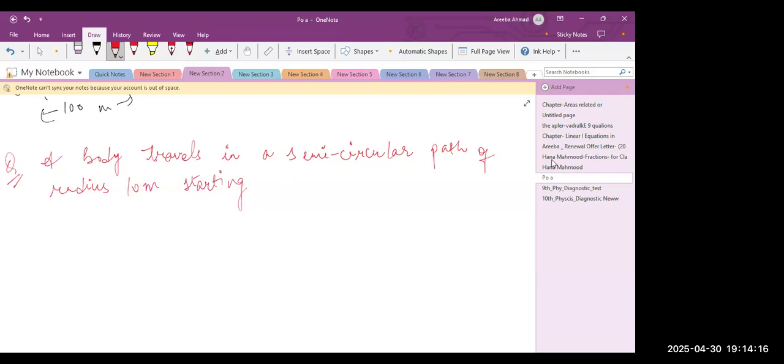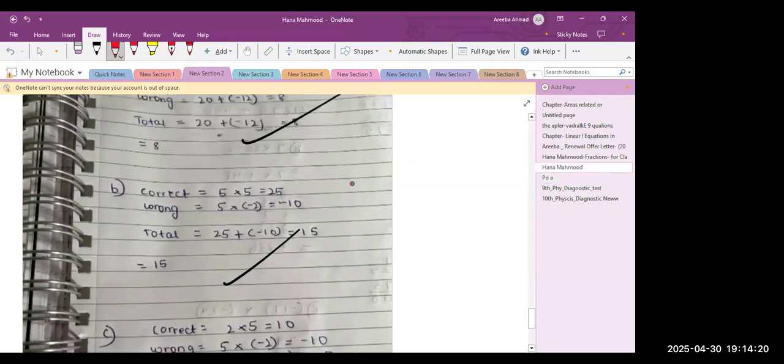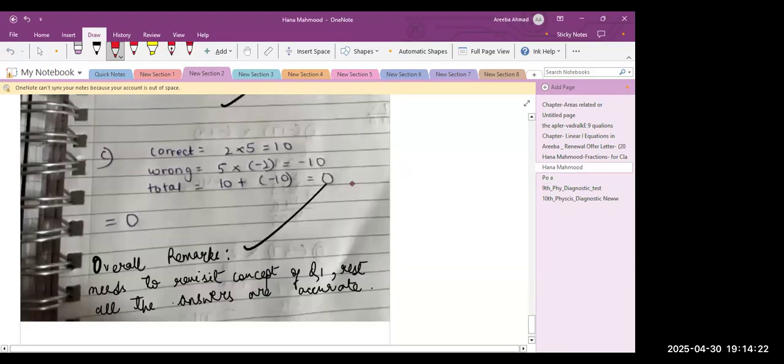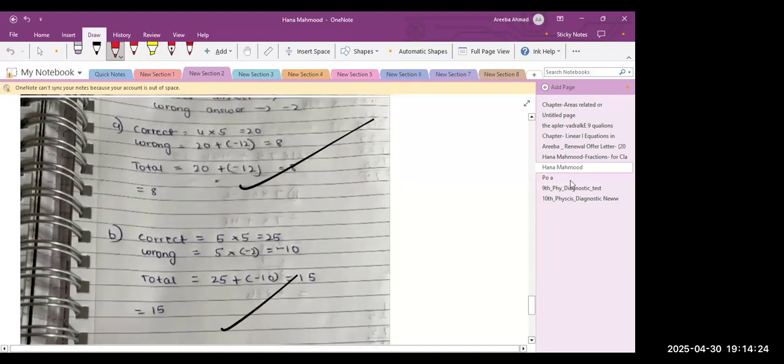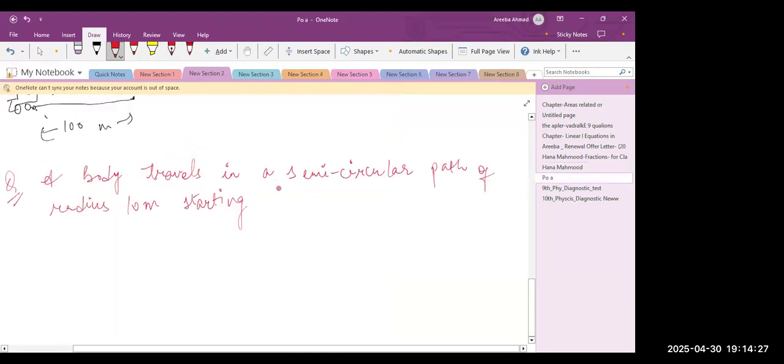So for example, this student has done, see, you have to submit your assignment like this. Anyways, starting from point A, now calculate distance and displacement.